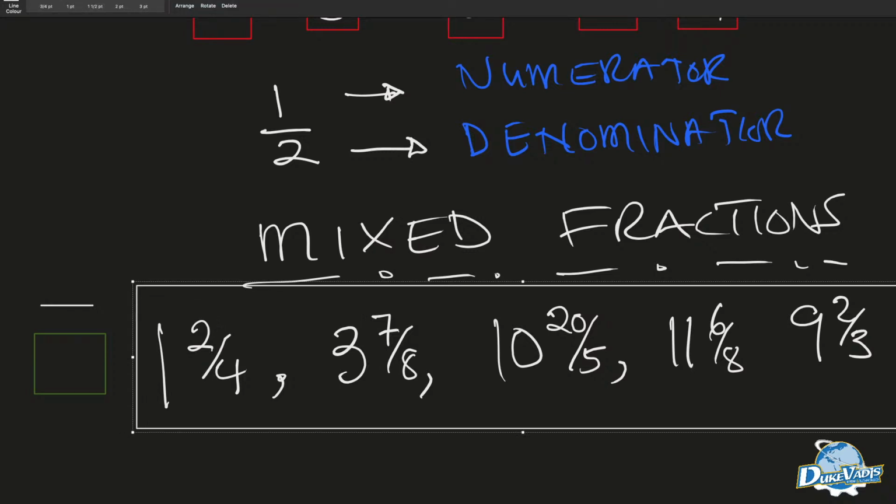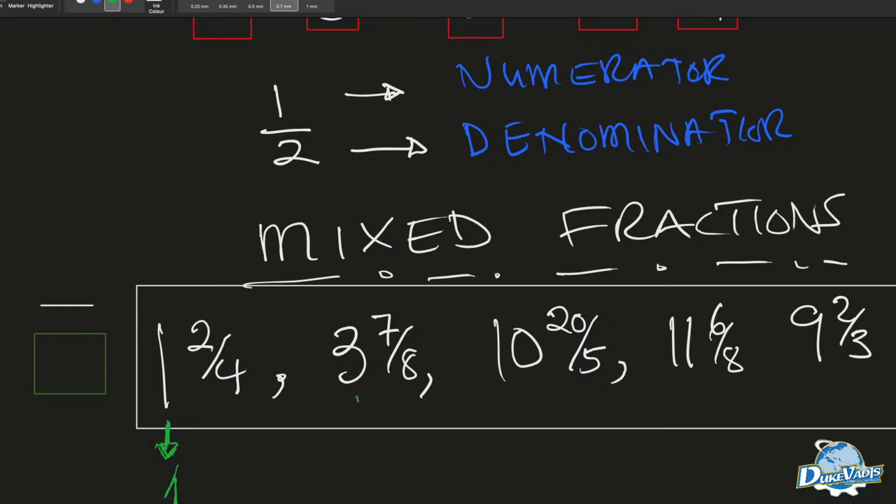Now, you can see that with a mixed fraction, we have a certain number that comes first before we see our normal fraction. So let's mark them and see. As you can see here, if you look at this one, we have a number here which is 1.